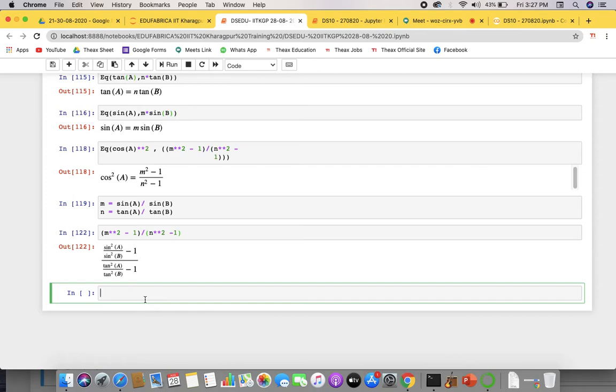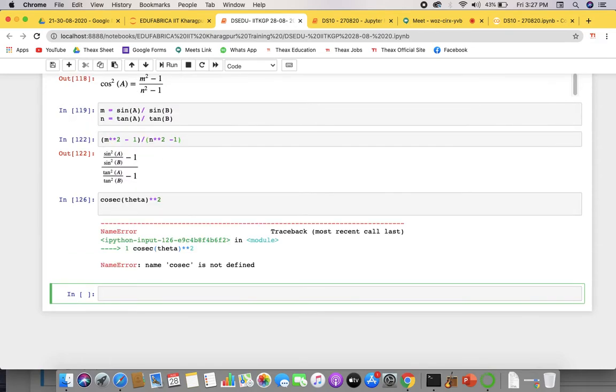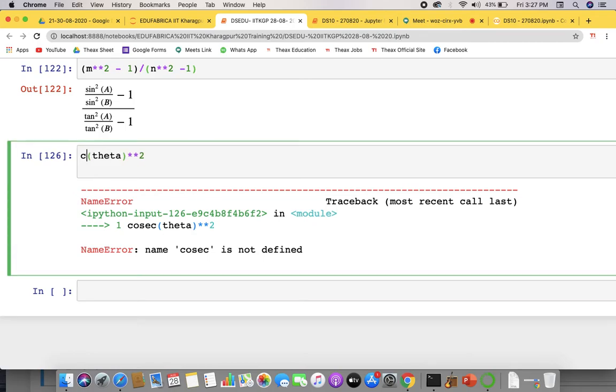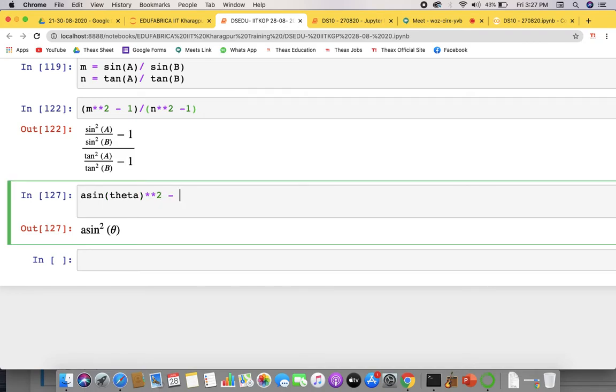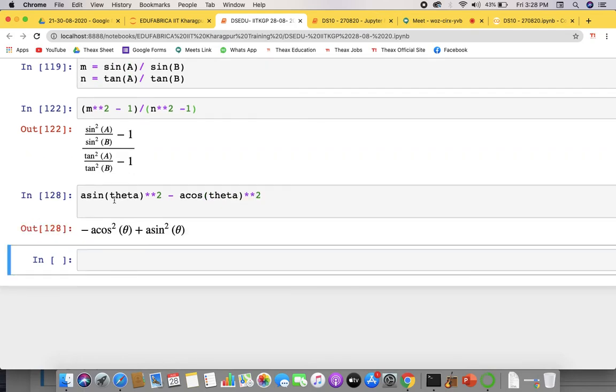Okay. So do you know cos²θ plus sin²θ is equal to 1? And also cosec²θ minus cot²θ is equal to 1. So if you write cosec θ square, here cosec would not work, so you have to write a sin θ square. So sin θ square minus cos θ square, what is the value of this?